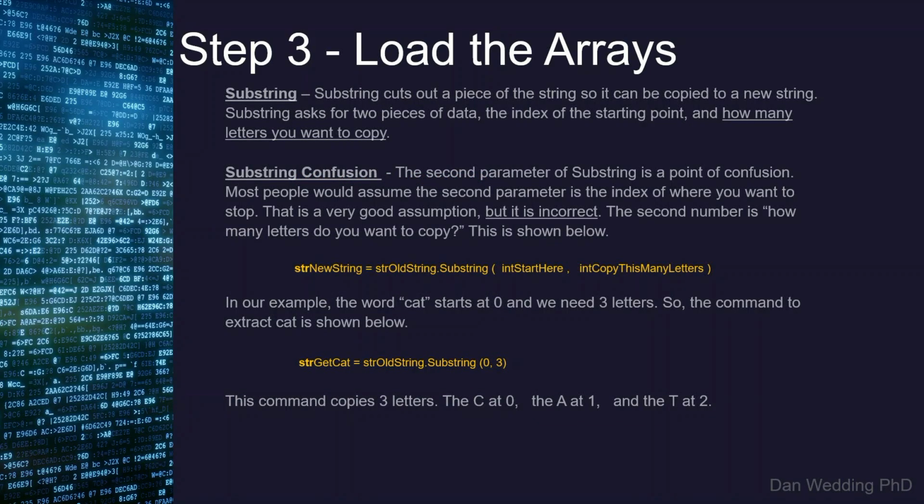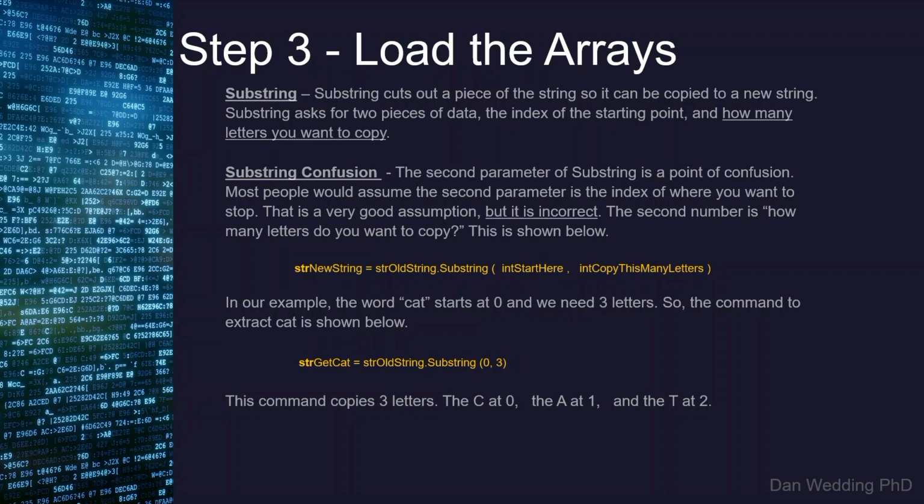Substring cuts out a piece of the string so it can be copied to a new string. Substring asks for 2 pieces of data: the index of the starting point and how many letters you want to copy. The second parameter of substring is a point of confusion. Most people would assume the second parameter is the index of where you want to stop. That is a very good assumption, but it is incorrect.